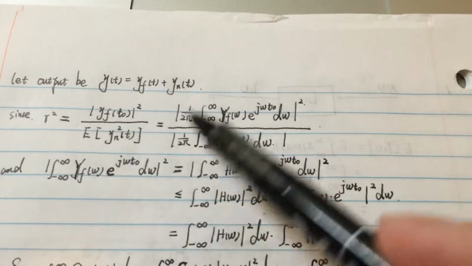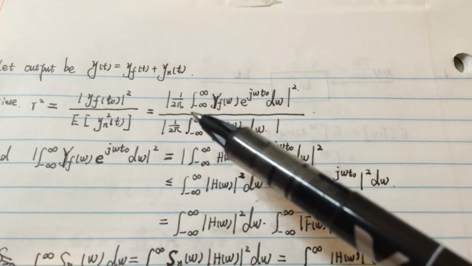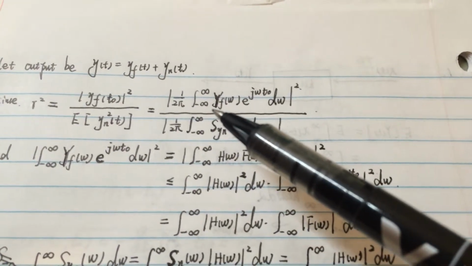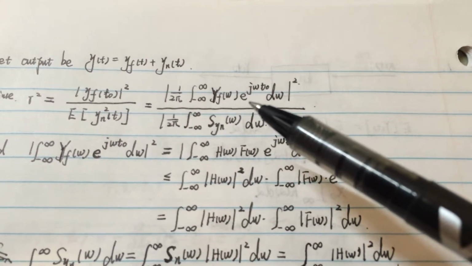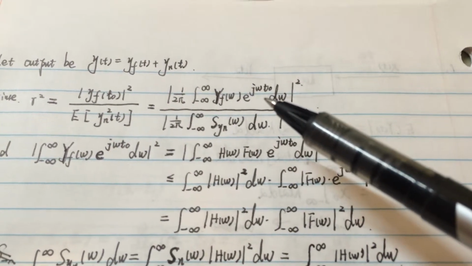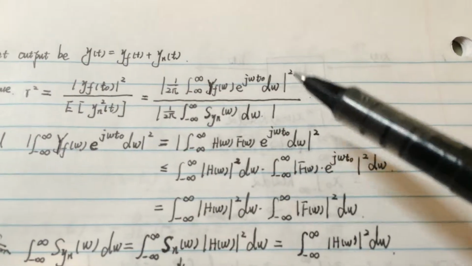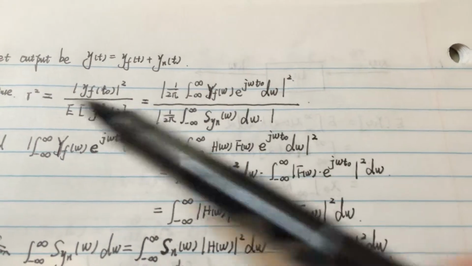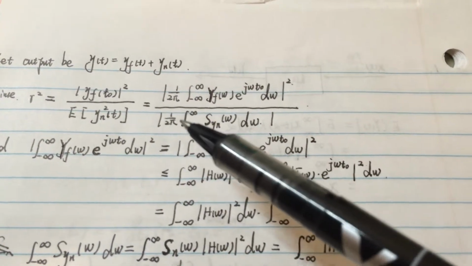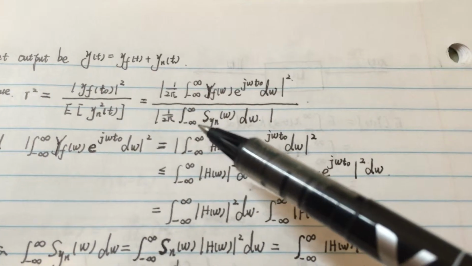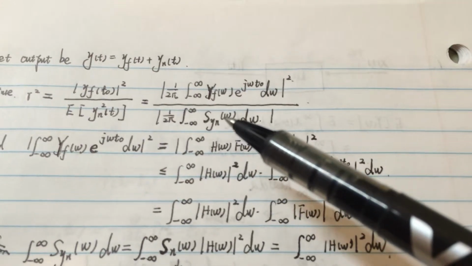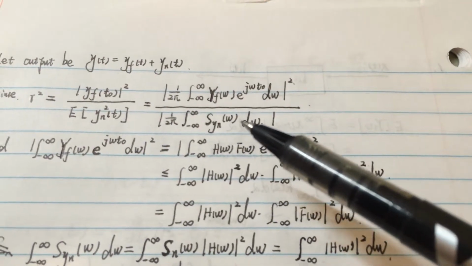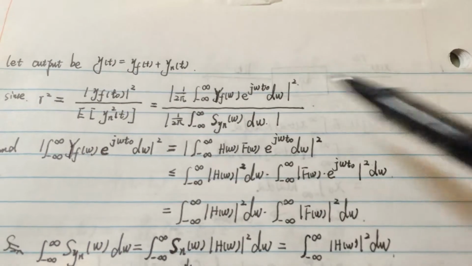And this equals 1 over 2 pi, the integral from minus infinity to infinity, of Yf(omega) e to the j omega t0 d omega, the magnitude squared, over 1 over 2 pi, the integral from minus infinity to infinity, of Syn(omega) d omega.